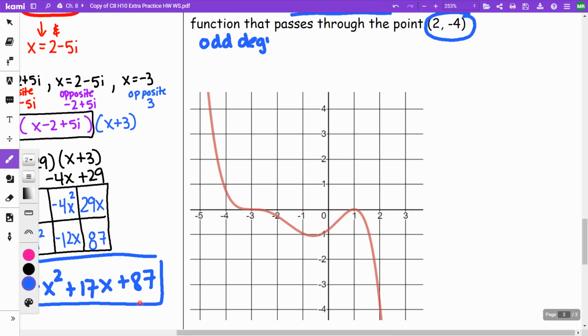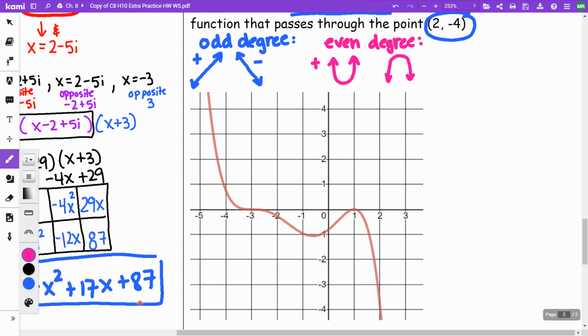And again, odd degree, I think of as a line. Positive increasing line, negative decreasing line. Even degree, I think of as a parabola. So open up, positive, open down, negative.